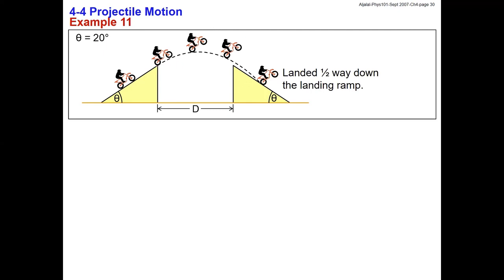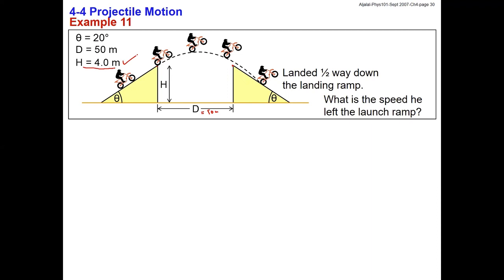The distance between here and here, this distance is 50 meters. This height here, h, is equal to 4 meters. The gentleman is landing right here, and by the way, right here is halfway down the ramp, meaning halfway down this hypotenuse, but also halfway along this height.